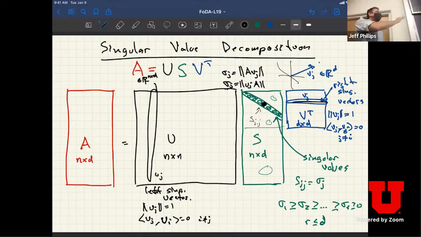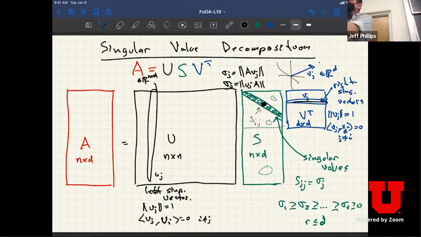It turns out that, as long as you don't get these weird ties in the singular values, there's only one unique way to get this decomposition with this structure. And this one unique way is going to have a lot of nice properties.